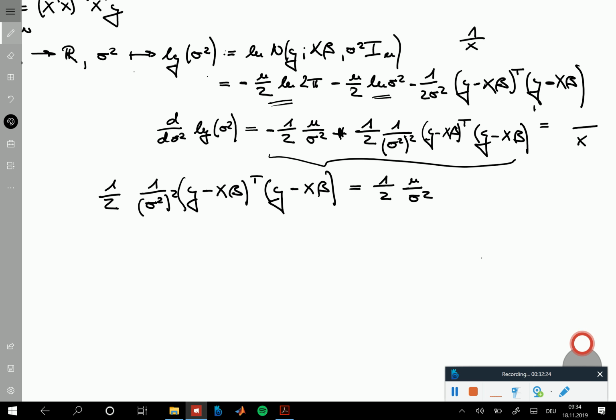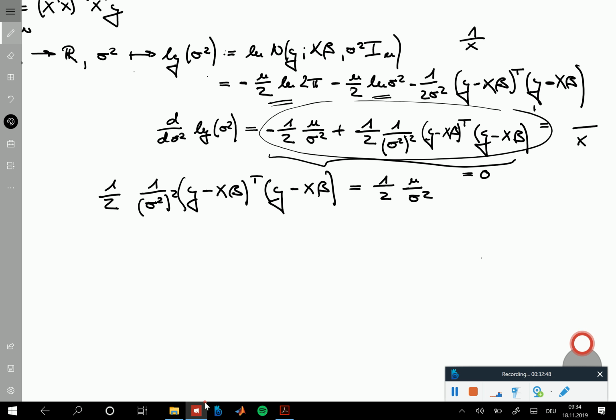So this was a plus here. Setting this to 0, we can take this minus 1/2 n over sigma square to the other side, and then we get this equation.